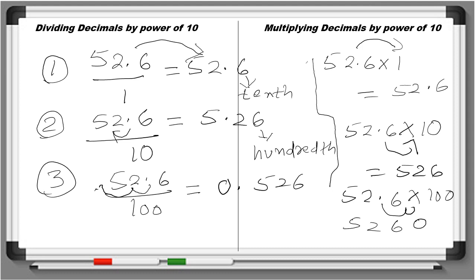So we come to know one thing: when we divide a decimal number by 10, it becomes smaller. When we multiply by 10, it becomes bigger. So if we divide any number by 10 or a power of 10, the number becomes smaller. If we multiply by 10 or a power of 10, the number becomes bigger.